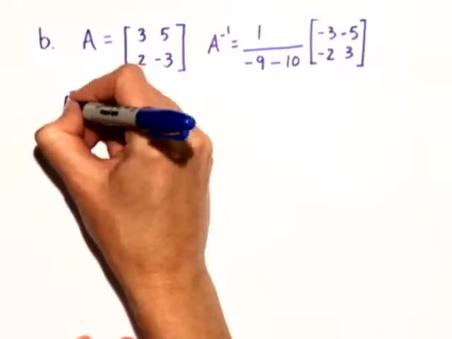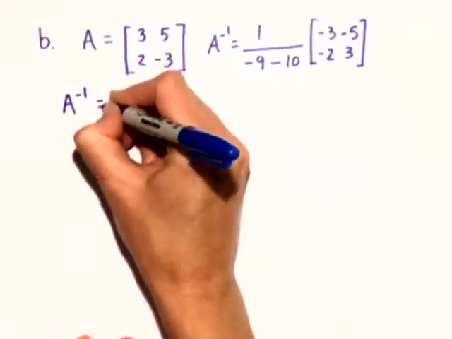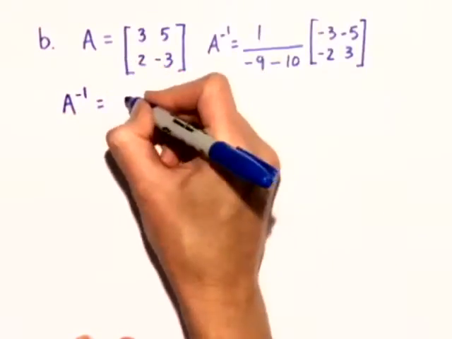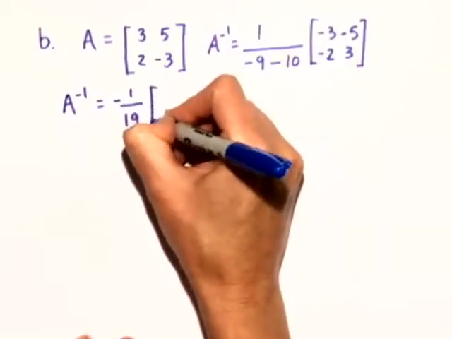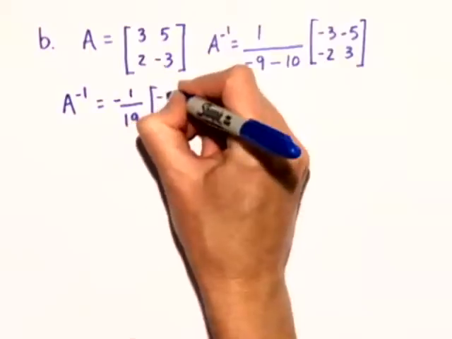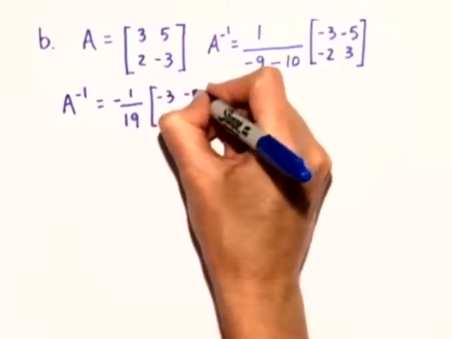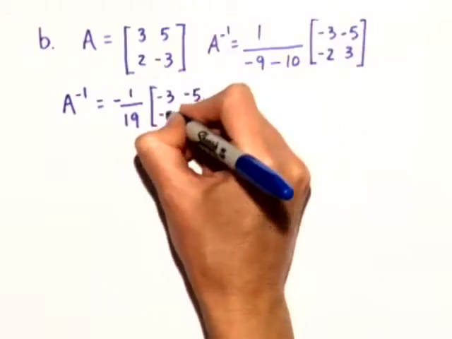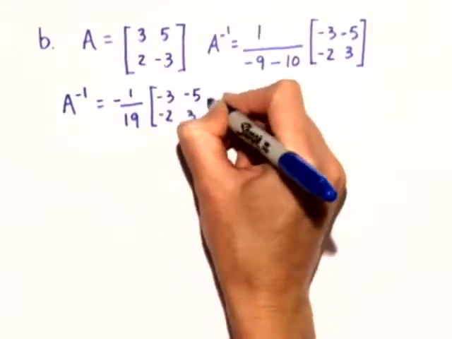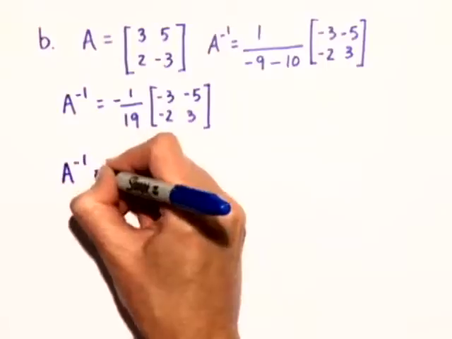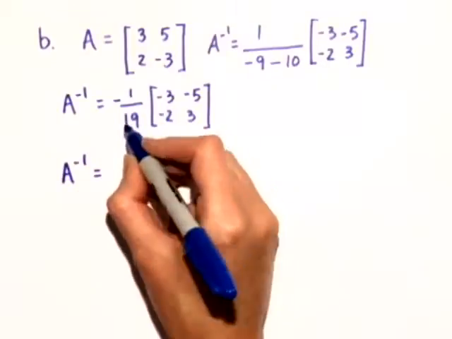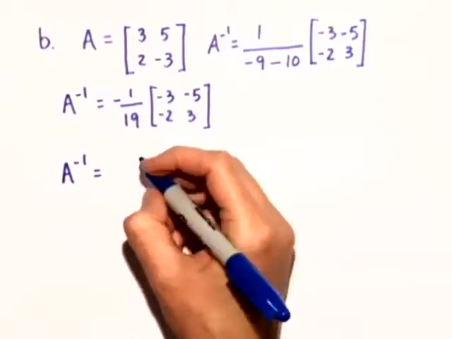And we can simplify this A inverse. We'll get 1 over negative 19, or simply negative 1/19, times the matrix containing the elements negative 3, negative 5, negative 2, and 3. And we can rewrite that A inverse by distributing or multiplying that negative 1/19 through.